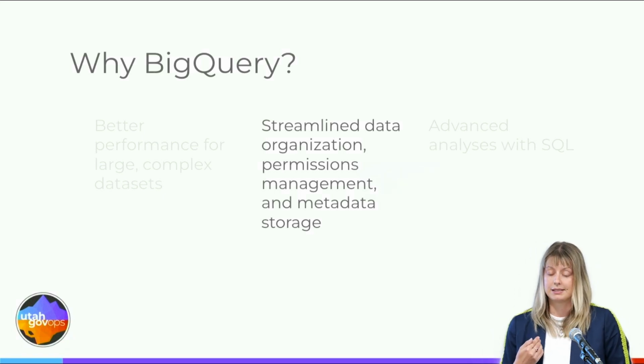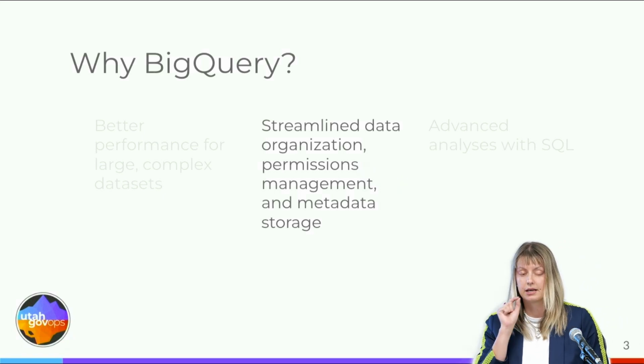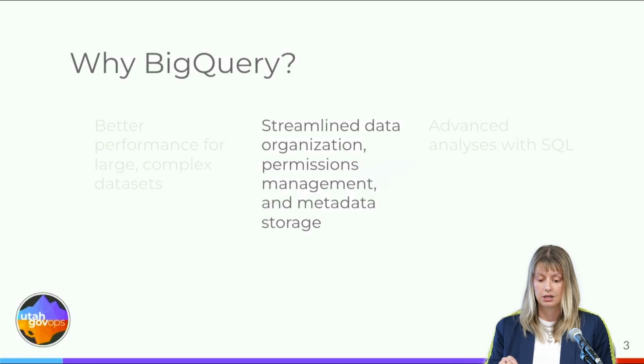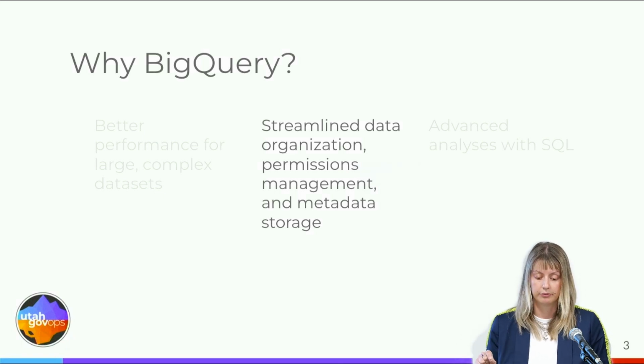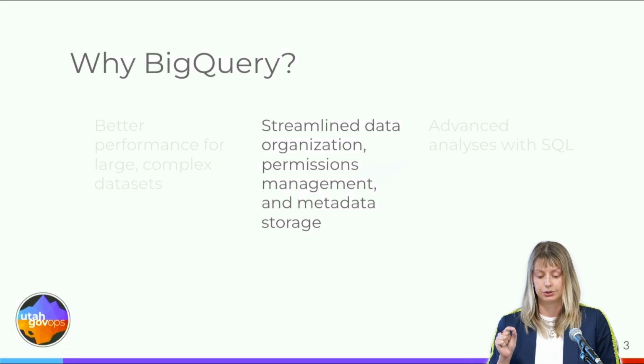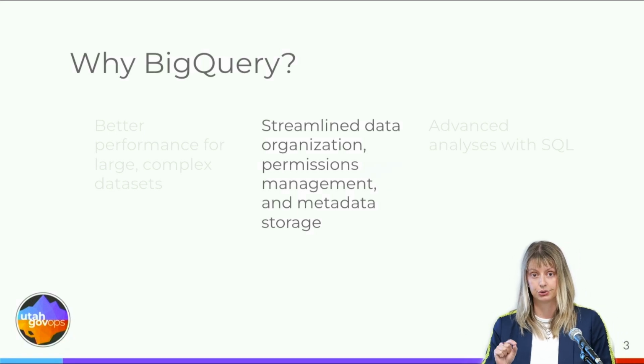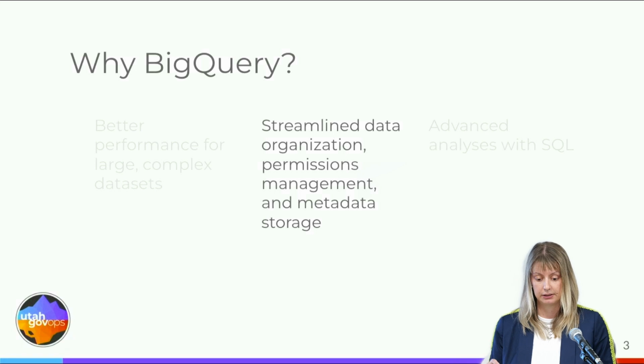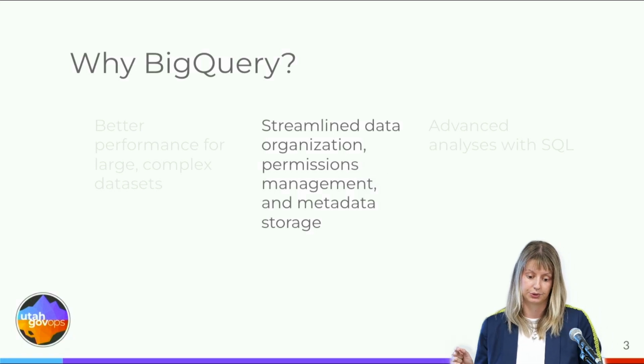It also makes data sharing, and sharing exactly the data you want down to a single column, really easy, and it makes it really easy to also see who has access to what in your data, so it gives you additional security.